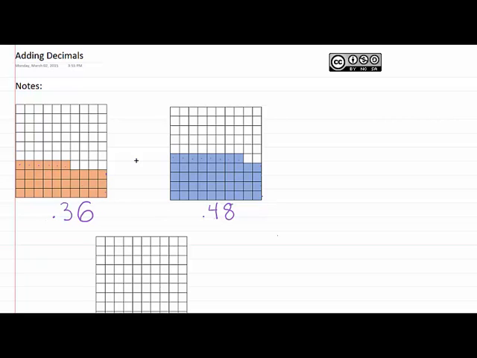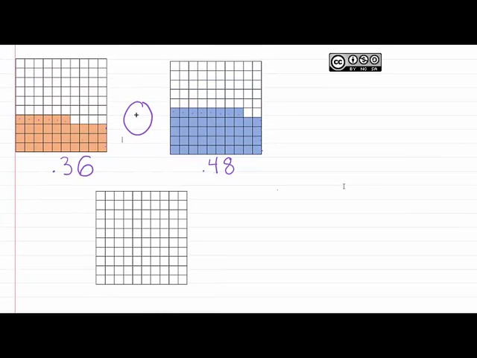So now we're going to talk about what happens when we add these two fractions together. So first of all, let's go ahead and draw a picture of this. I'm thinking that the first thing that I would do is I would notice that I've got 3 complete rows filled in on the first drawing. So I'll have to have those completely filled in my new drawing.